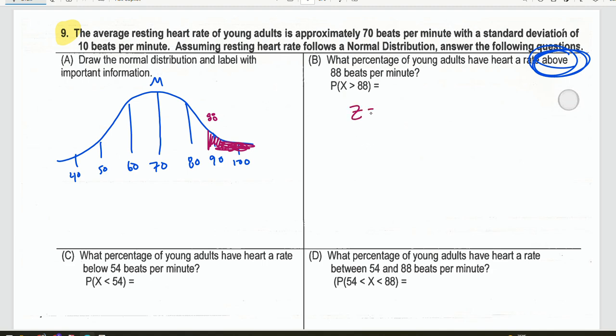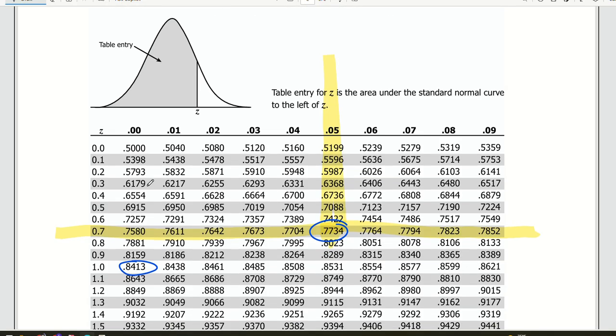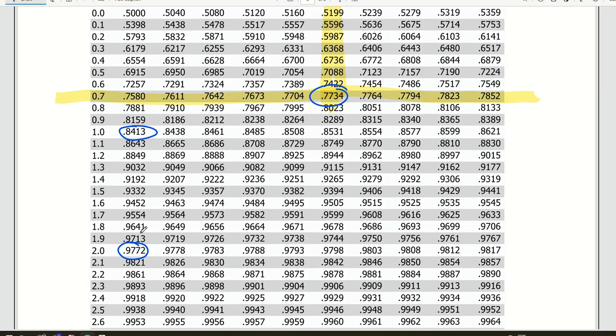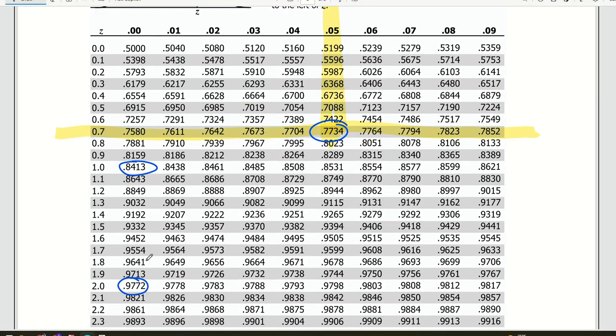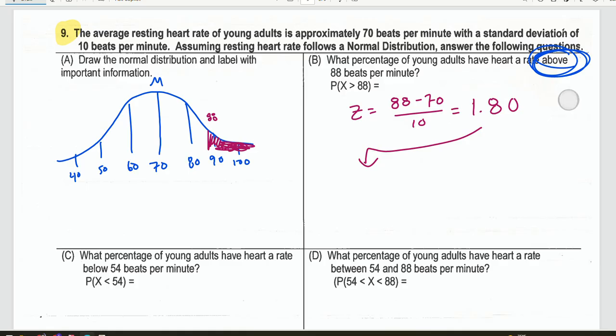So we still use the z-score equation, 88 minus 70 all over 10. That's going to give us 1.80. When we look at the z-table, 1.80 would be 96.41%.